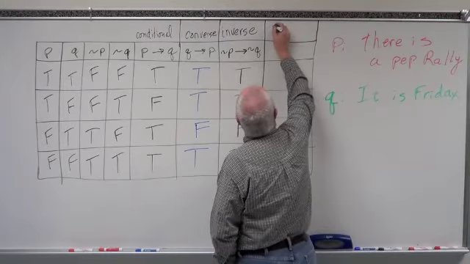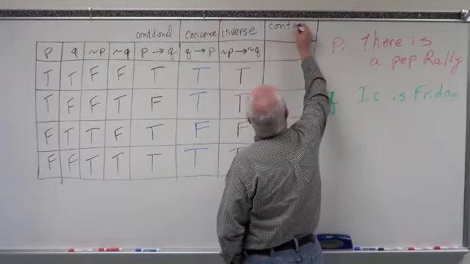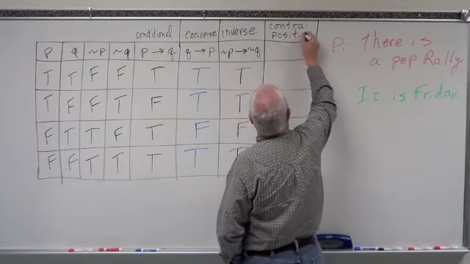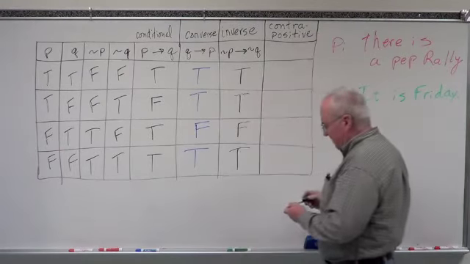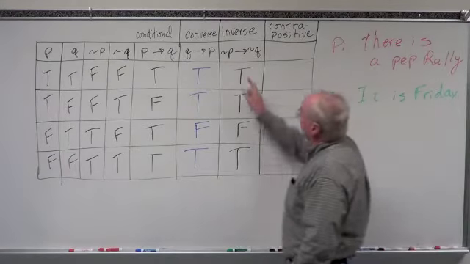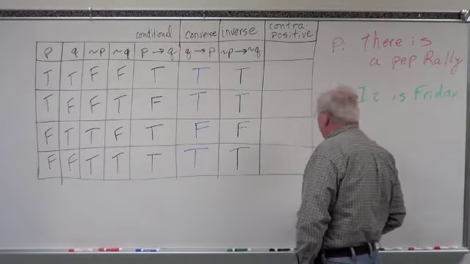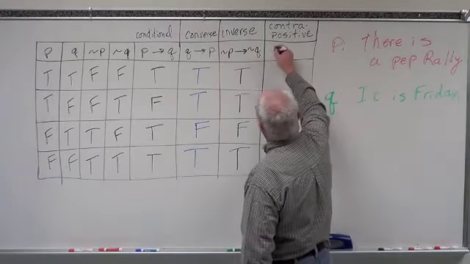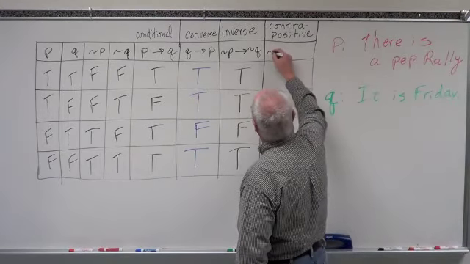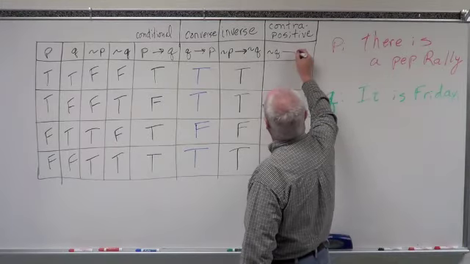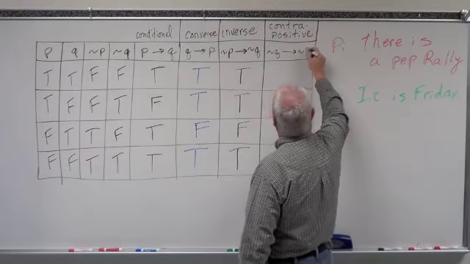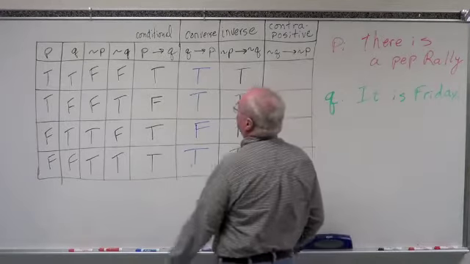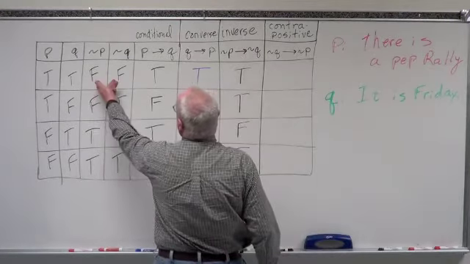This one is called the contrapositive. Contrapositive combines the converse and the inverse to give you something that looks like this. So a reverse of this: if not Q, then not P. So what we're doing is we're looking at these two and flipping them.